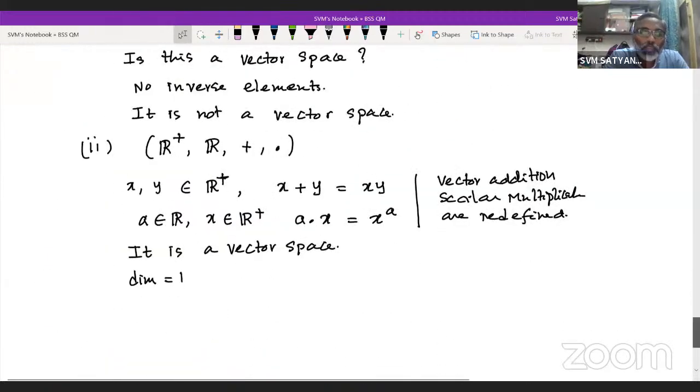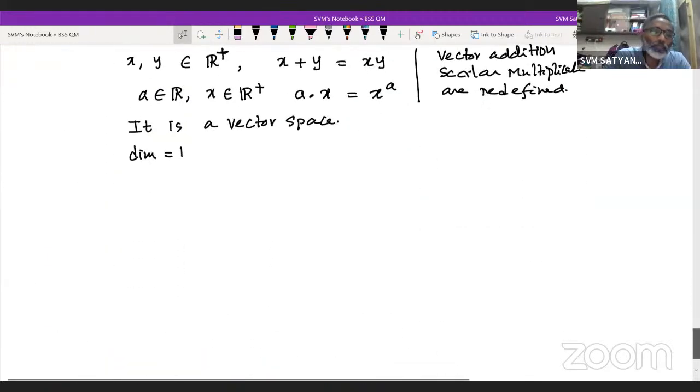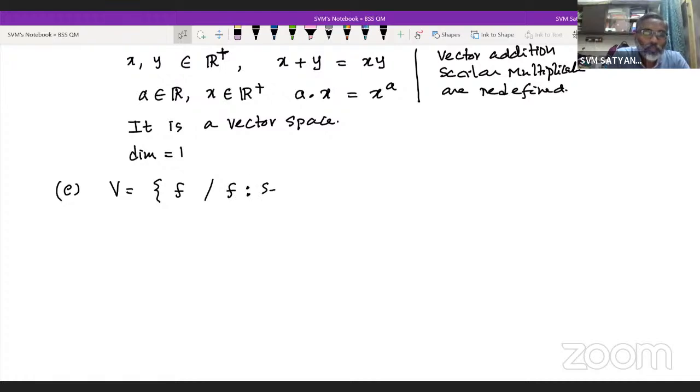Okay. So let's try to understand this. E. My vector space is the set of all functions such that f is a function from a set of 5 donkeys to real numbers.